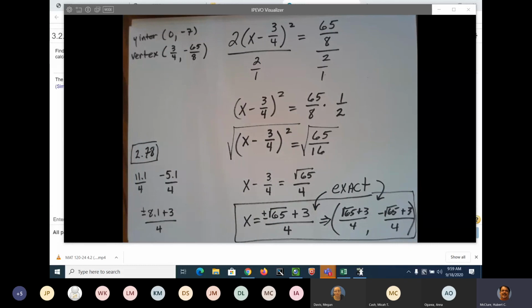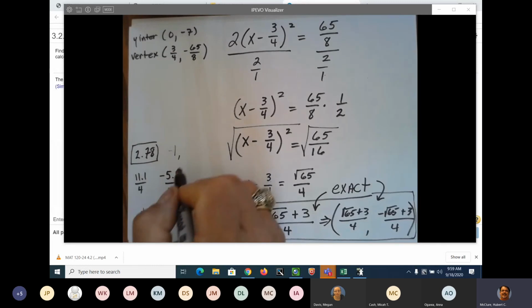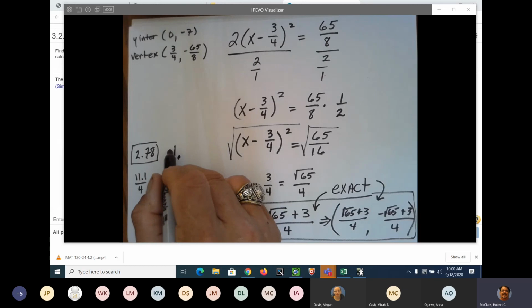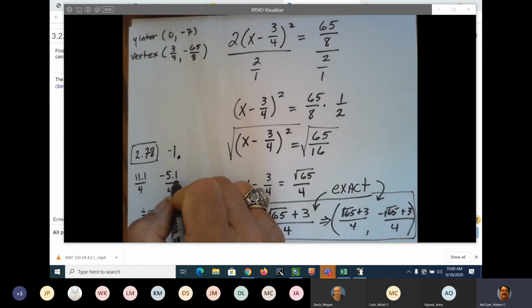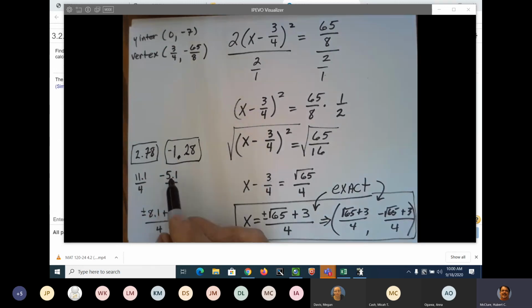Somebody do that in your calculator and see what you get. 11.1 divided by 4. And then 4 will go into 5 one time, and that'll leave 1.1, and 4 will go into 11 2 times, and then maybe 8. So somebody take negative 5.1 and divide by 4 and see if you get negative 1.28 or close to it.